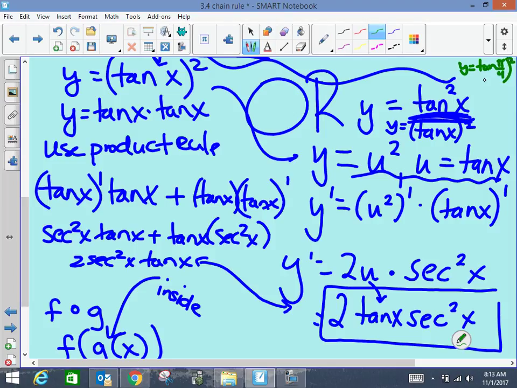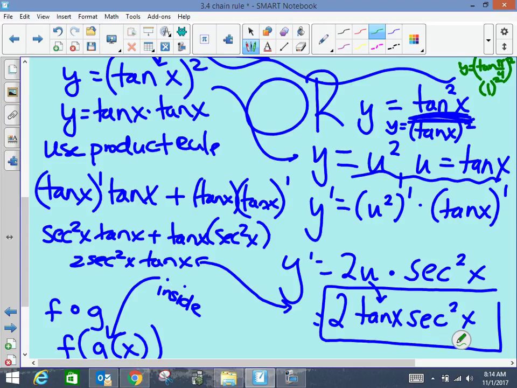Okay, so what am I going to do first? Find the tangent of pi over 4. That's your inside function, and then you're going to do what? Once you have the tangent of pi over 4, you're going to square it. Okay? So the first thing you do is your inside.